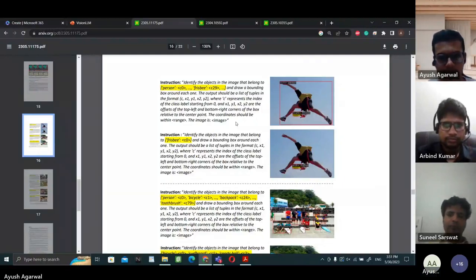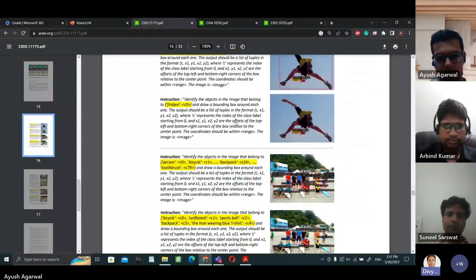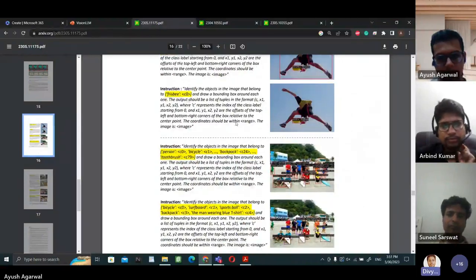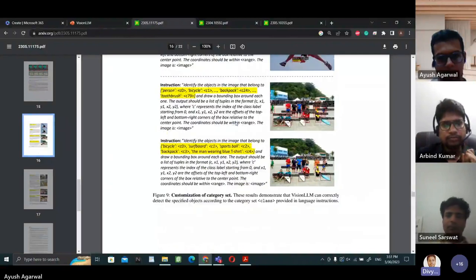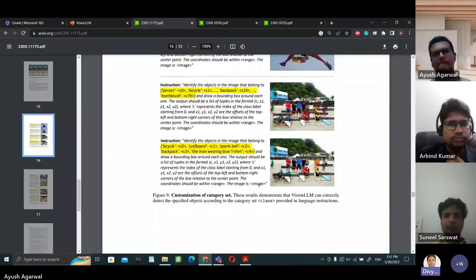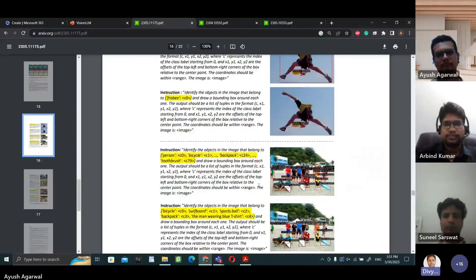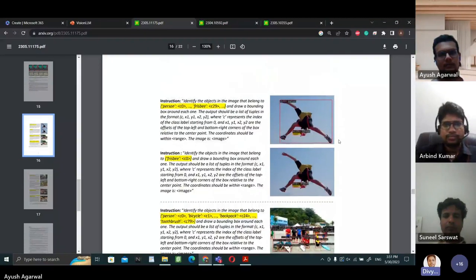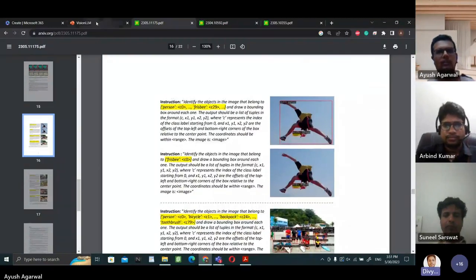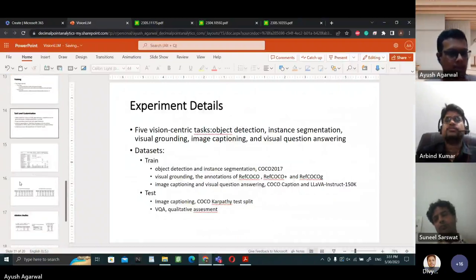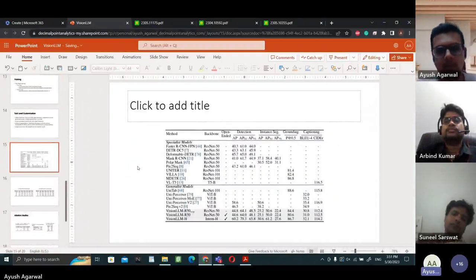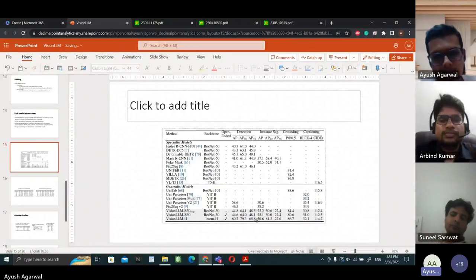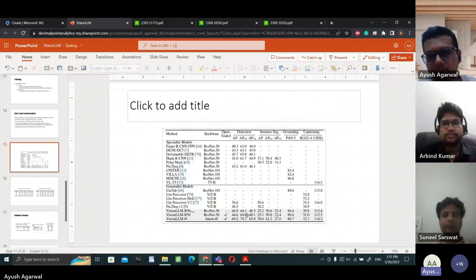While you went through this paper, was there any mention of hallucination? If I ask it to detect some apple in the image, is there a chance of hallucinating, or is it more accurate as compared to the other solutions? Was there any such mention in the paper? I don't think hallucinations would happen in object detection as much, and the results are also comparable with the other models.